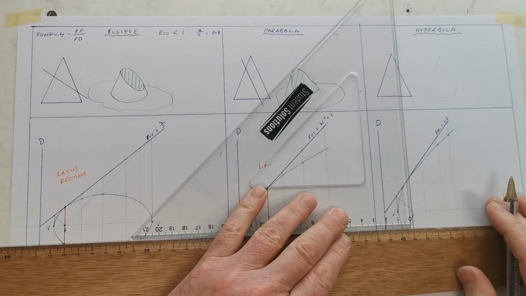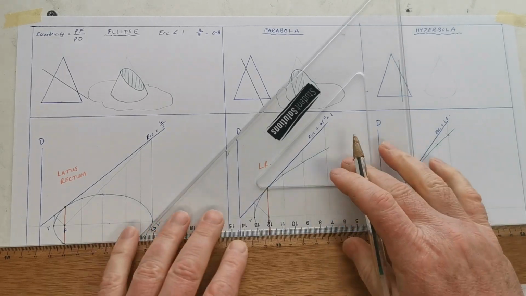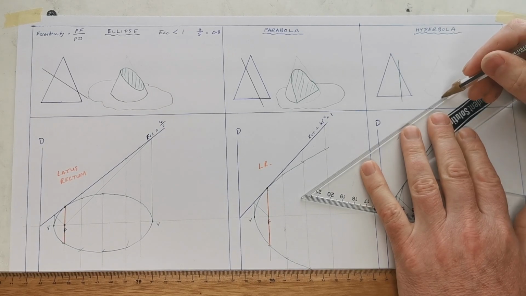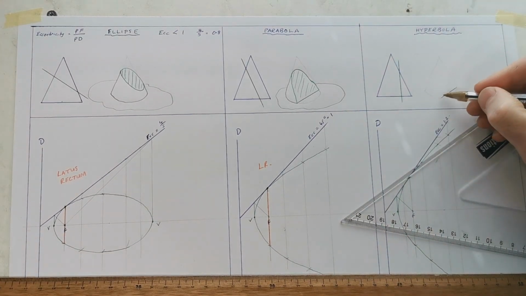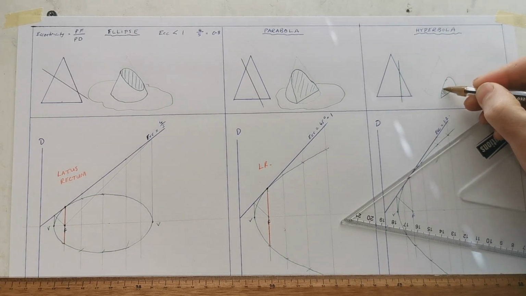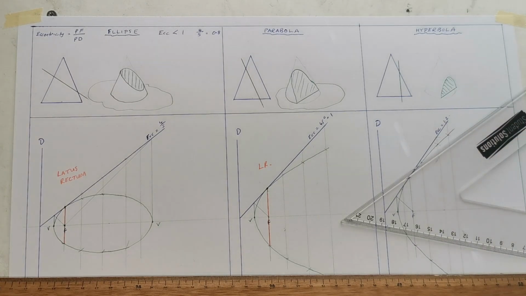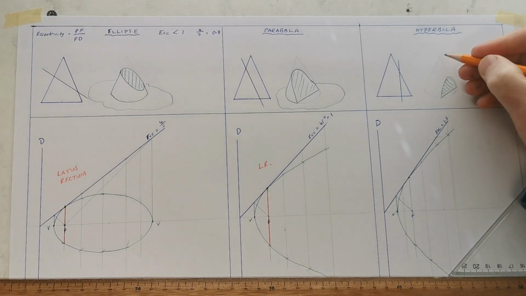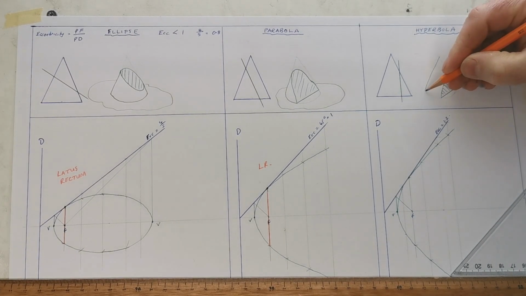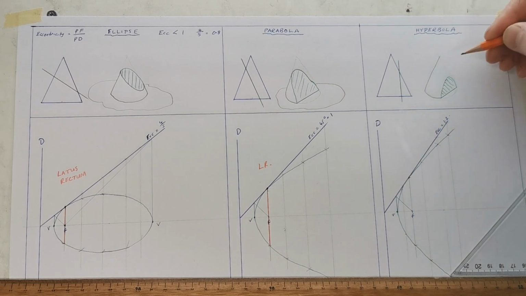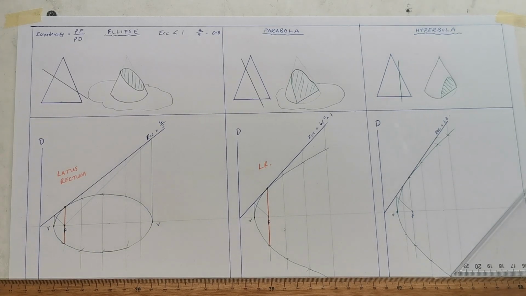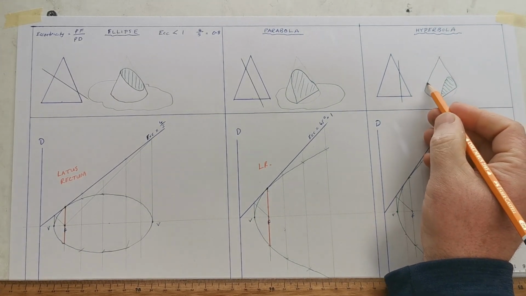So if you chop that off there parallel to the axis, it's going to give you in 3D a shape like this. Just put that on the surface as well.